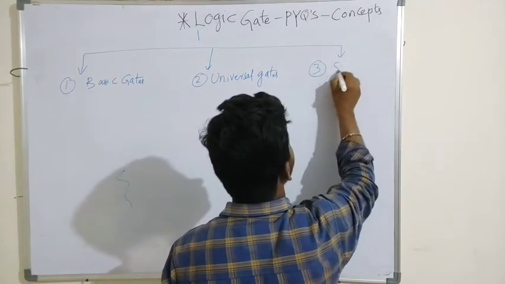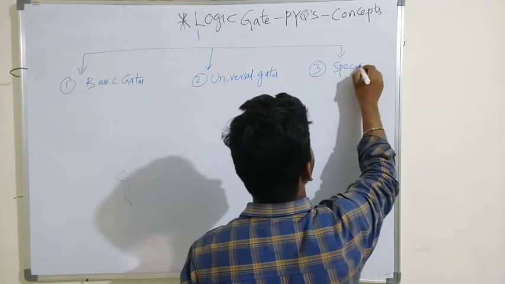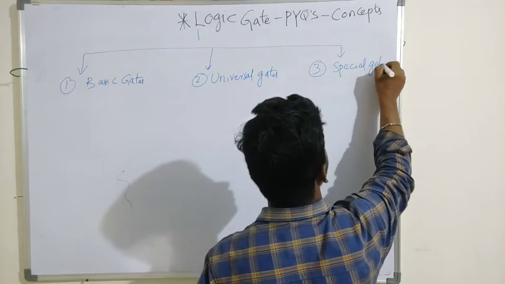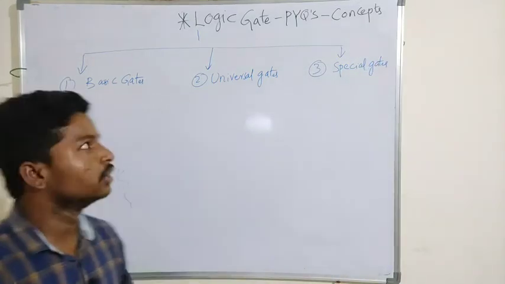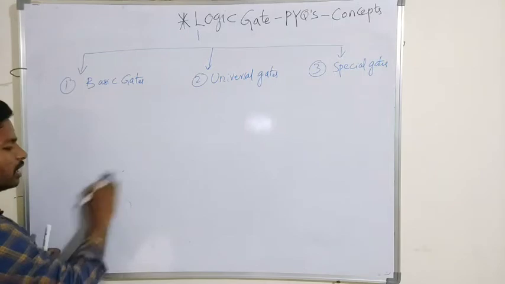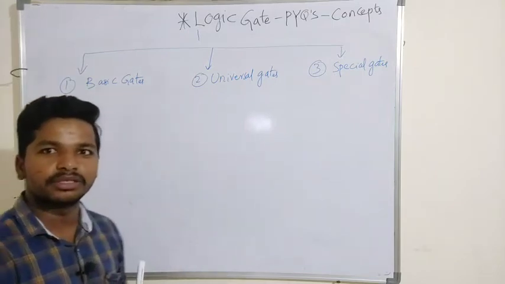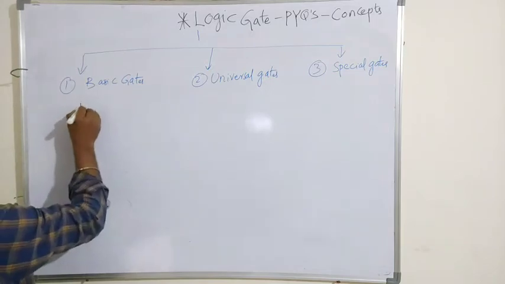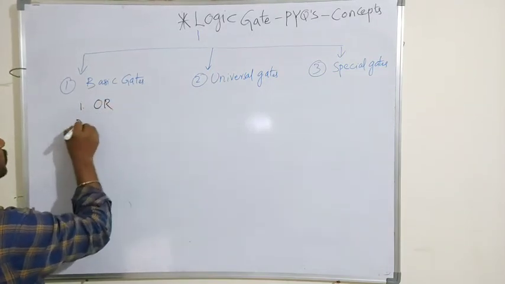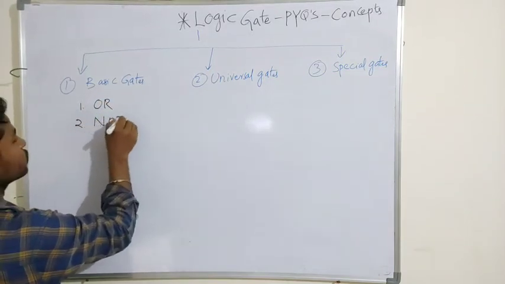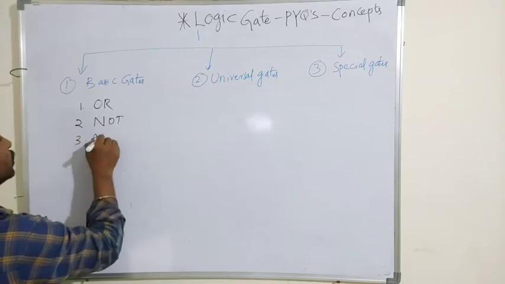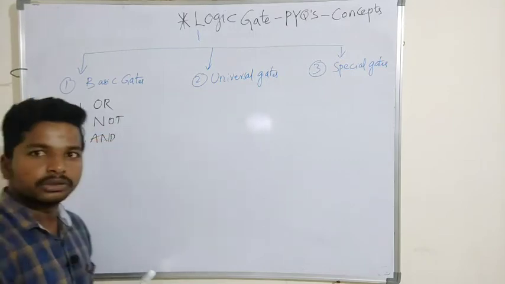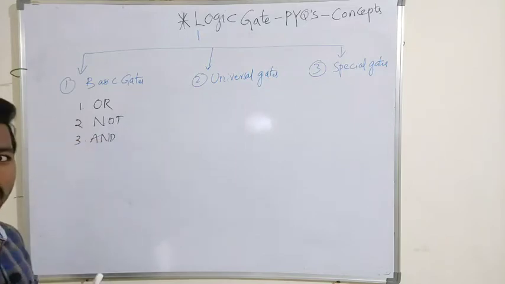What is the difference between the special gates and the universal gates? We will discuss that. The gates that come under the basic gates are the OR gate, the NOT gate, and the AND gate. So these are the basic gates.